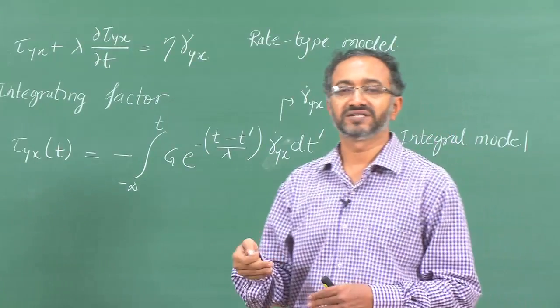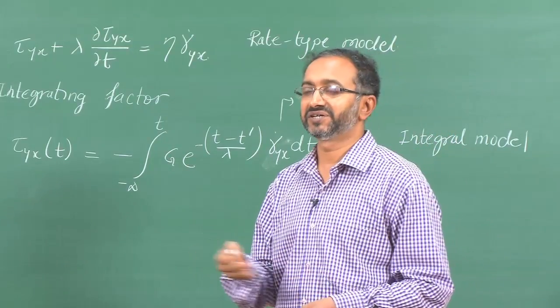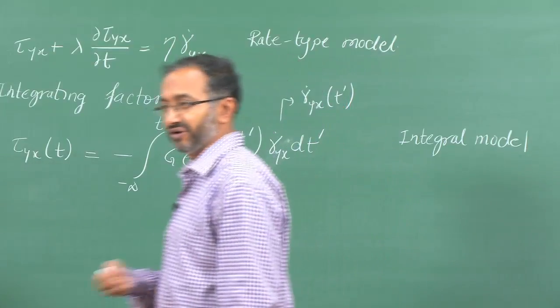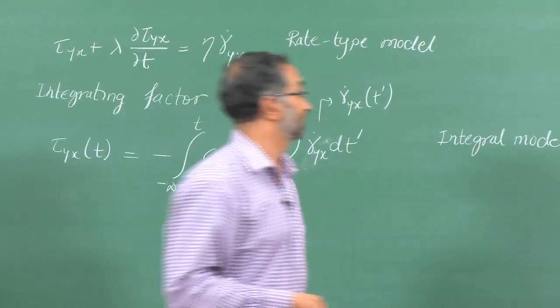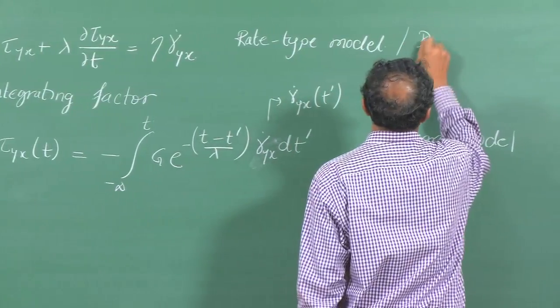So both of these models are again the same, but one of them is written as a differential model or a rate type model, and the other one is written as an integral. So this is also called a differential model.